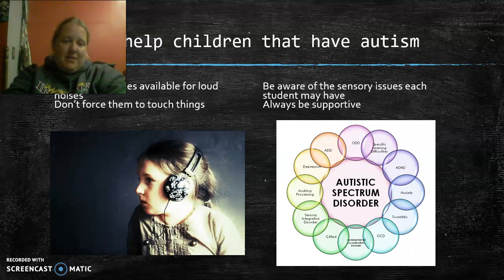For people that have issues with noises, make sure you have noise canceling headphones. If it's a touching thing, don't force them to touch things because it only gets them amped up, and then chances are they're going to shut down, and then you have a whole other whirlwind of issues. And again, always just be supportive and make sure that they know that you are there for them.